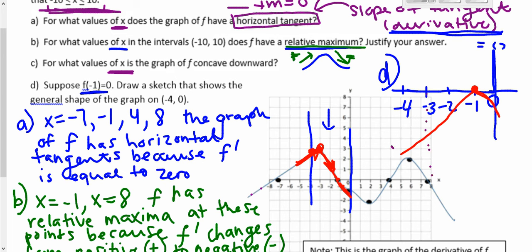Our graph needs to be concave up, so kind of curved up on that side and kind of curved down on that side. So there's what it generally looks like. There's a rough sketch, concave down, concave up, increasing, decreasing, of our original graph on that interval. And now we have answered all parts of this question.